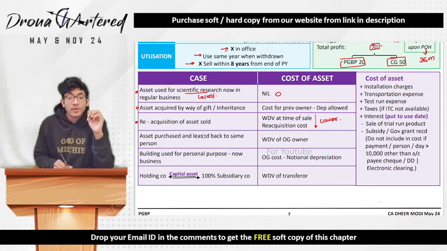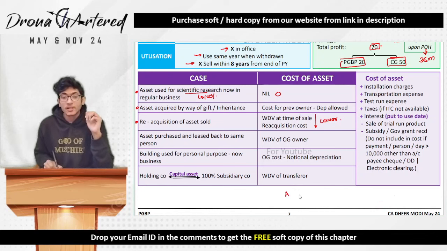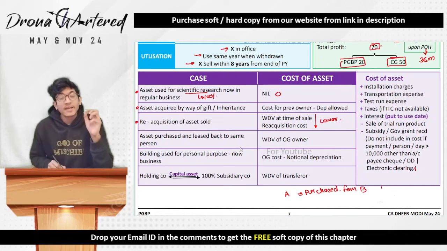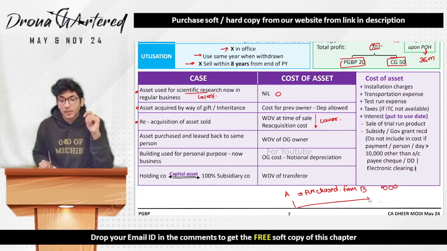Say for example, A purchased an asset from B for rupees 1000, and then A gave this asset back to B on rent or on lease.